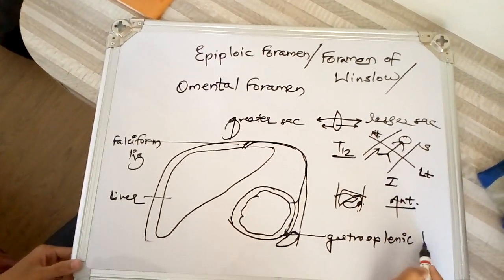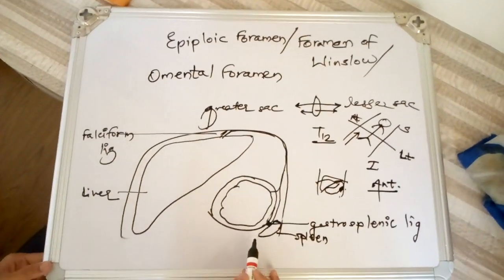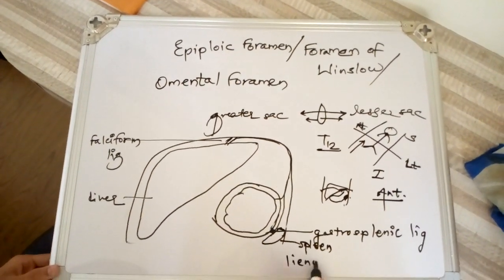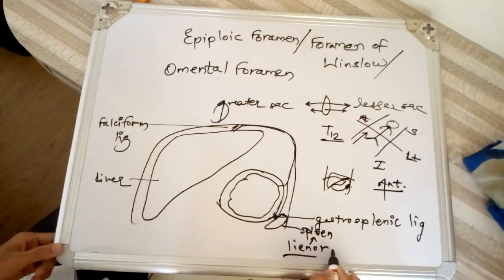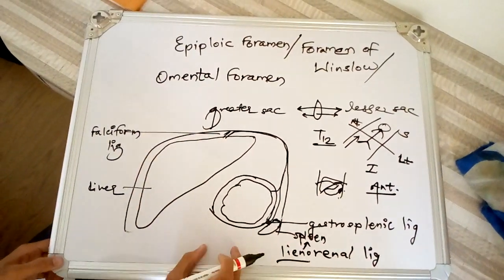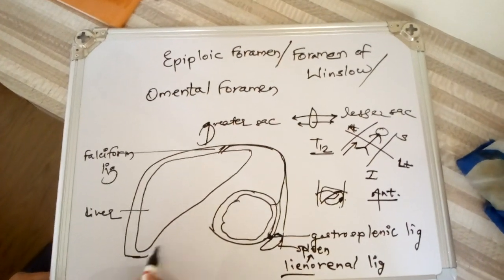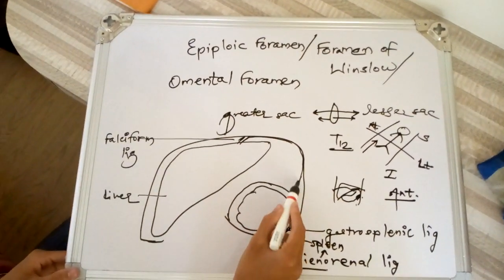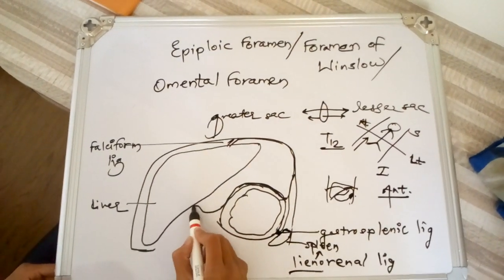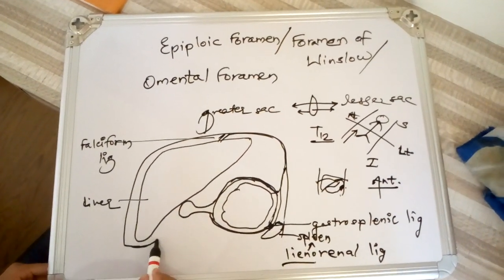Gastrosplenic ligament, and this is the spleen, and the spleen is supported by the kidney with the lienorenal ligament. Lieno also means spleen, so lienorenal ligament. I will show you where the left kidney is here. Since we are facing the patient, this sac continues along the border of the stomach, and then here it forms this way.